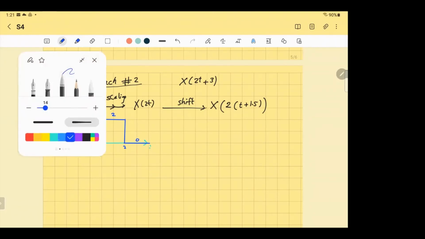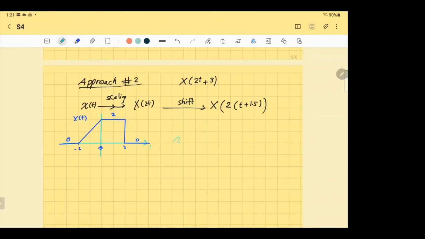Let me prepare for the graph. I do the compression first. Then I have -2 will be -1. I have to make the table now or getting familiar with it. 0 is still 0. 2 will be 1. Right? And I just sketch the same thing. The height does not change. So I did the compression.